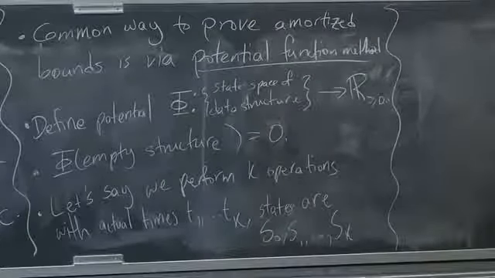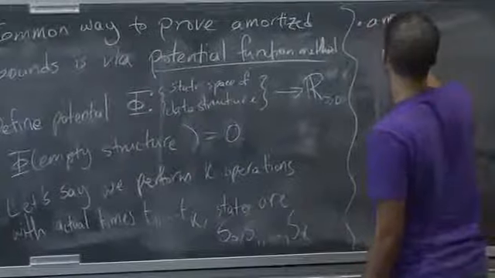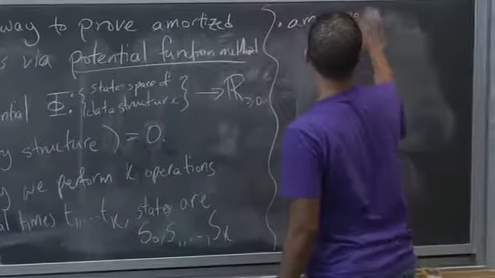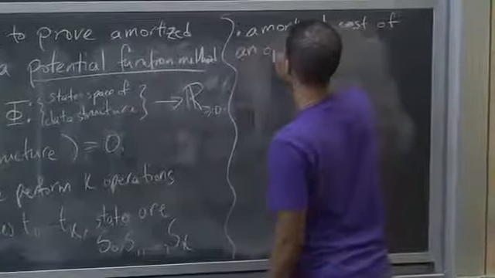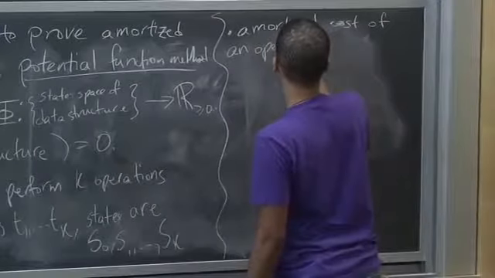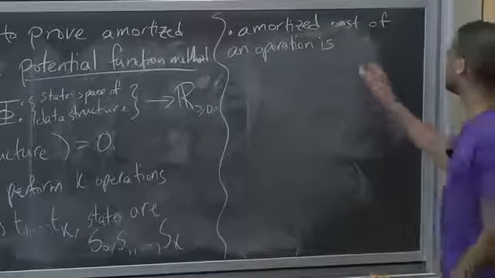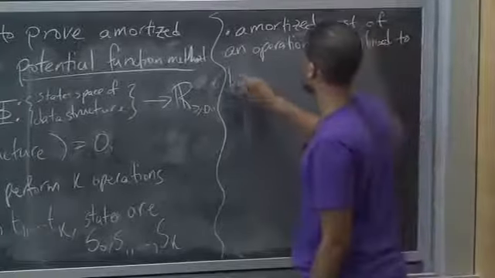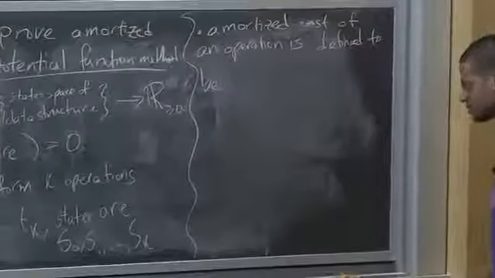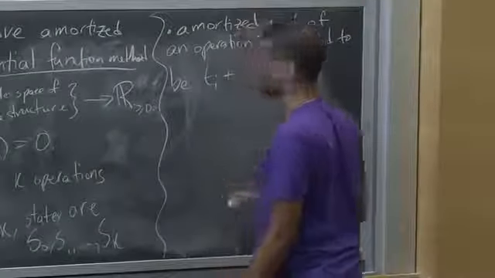So our amortized cost of an operation is, we define it to be, the actual time plus the potential difference.